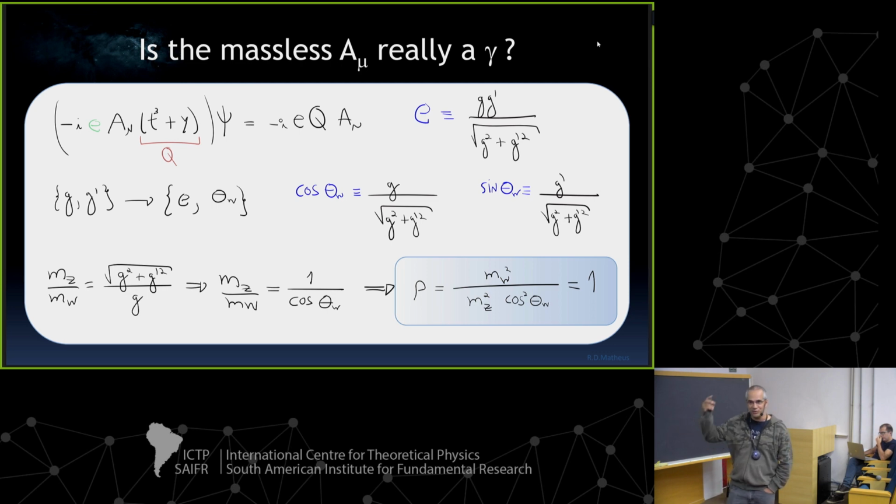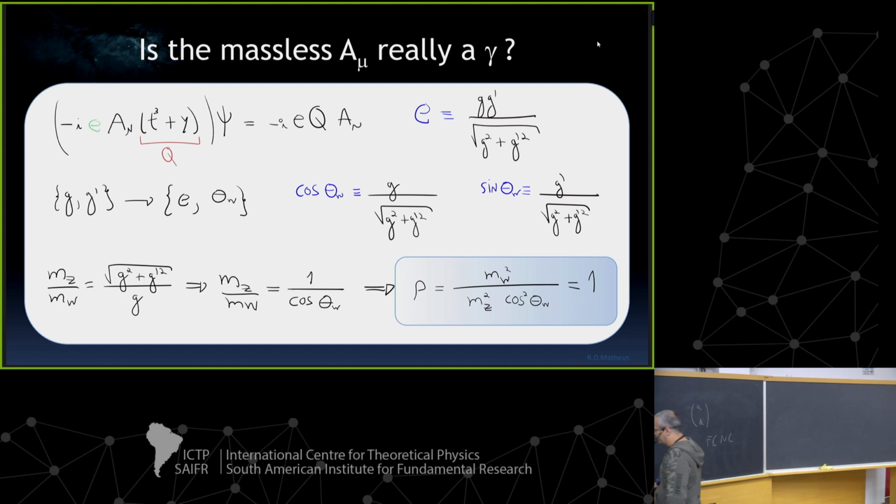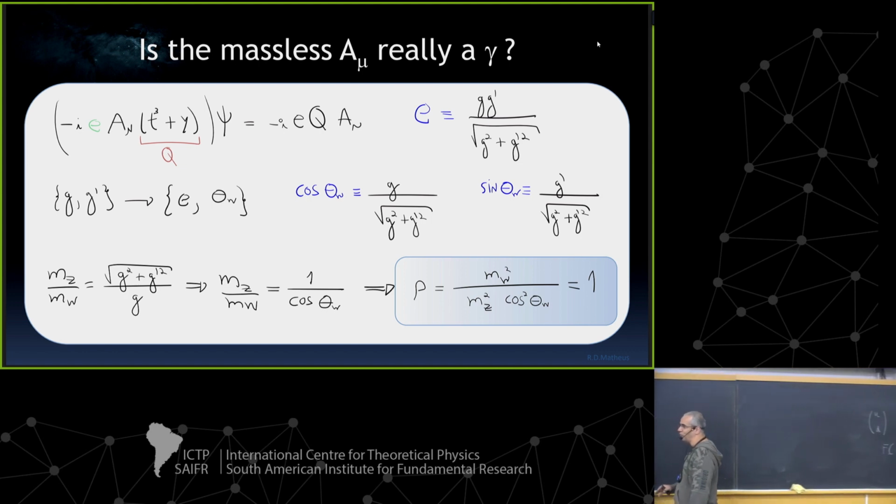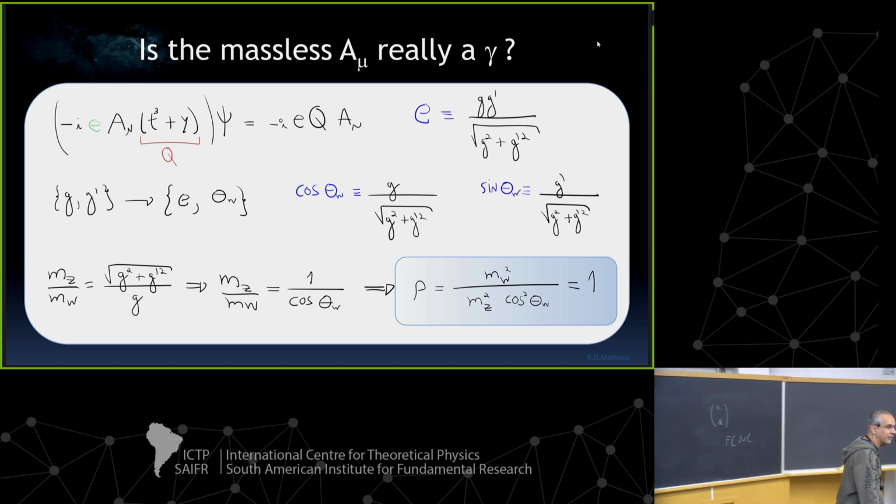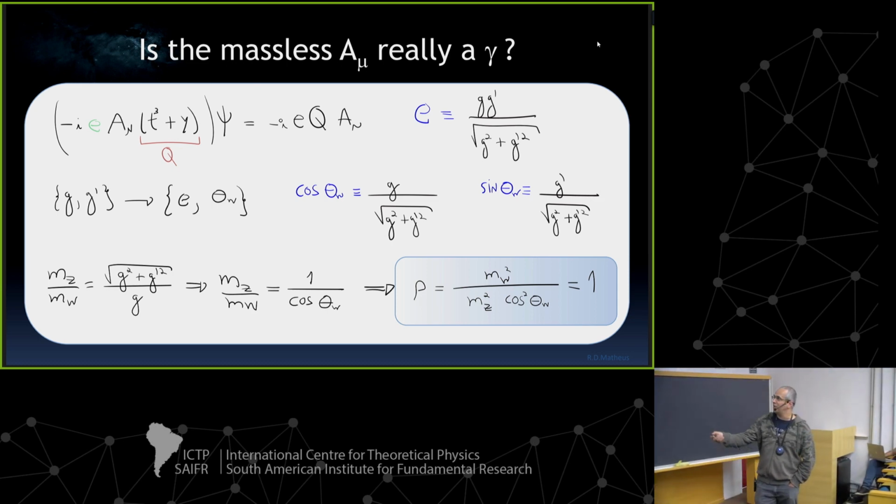You contribute to this rho, right? There's even a whole area of beyond standard model physics that focus only on models with custodial symmetry that preserve this number, right? You change the model without changing this rho parameter. It's not easy, right? It's very easy to break this relation.